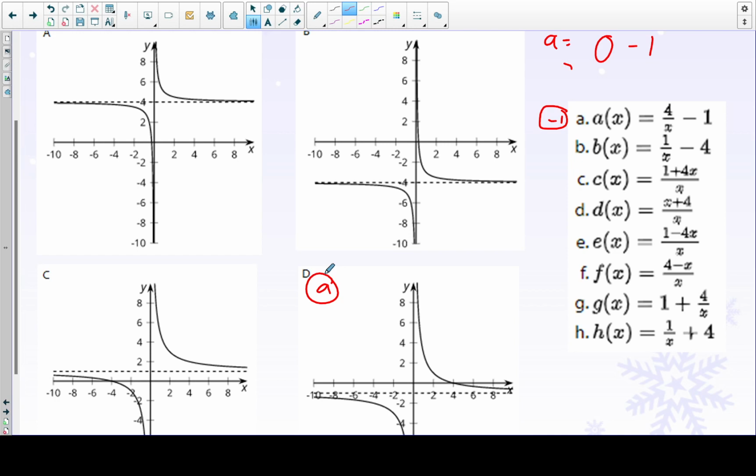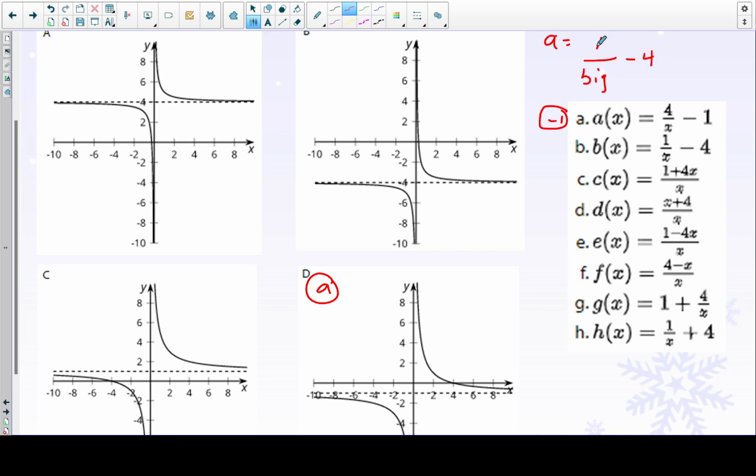So let's look at the next one. 1 over x minus 4. Okay, same numbers but reversed, right? But does it really matter? What's going to happen if I do 1 over big? I mean, it's probably roughly the same thing. Any number divided by big is going to be essentially 0, right?